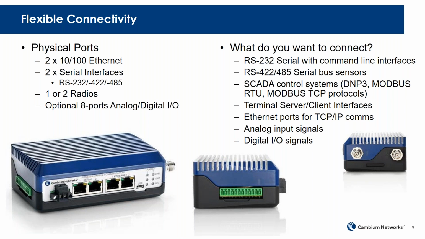That is 8 pins of analog digital IO that you can control input signals or drive output signals. You can do things like count pulses coming in there. So if you're doing a pulsing or metering application, you can count pulses as well.